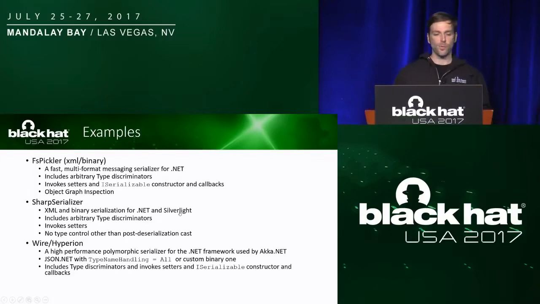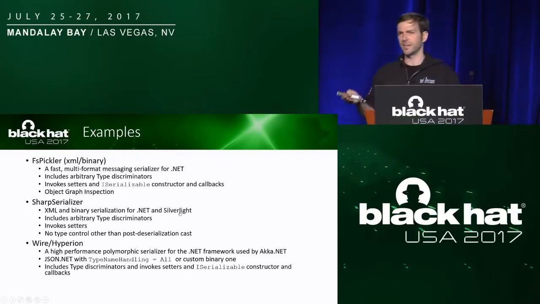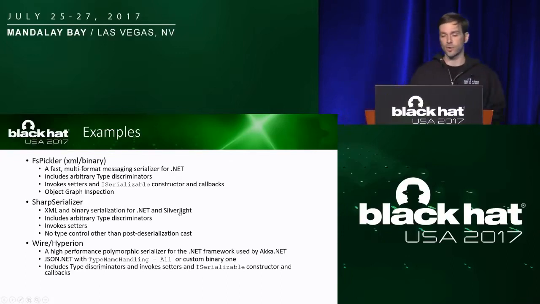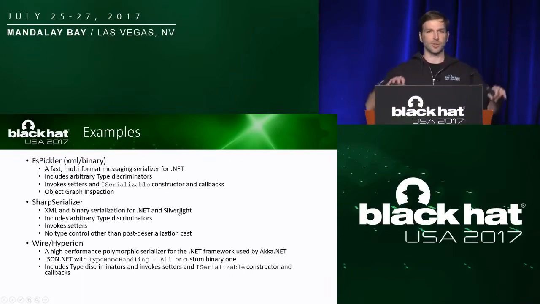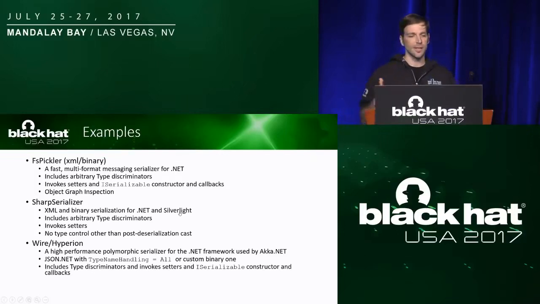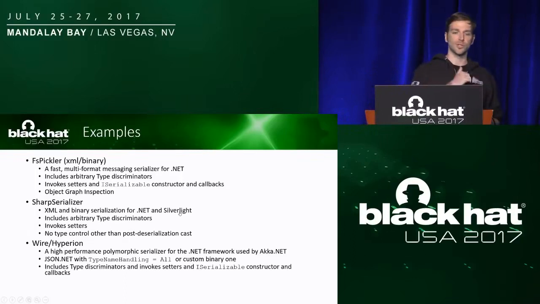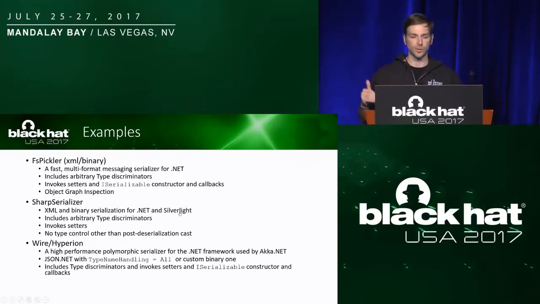Then we have Wire, that is now known as Hyperion, and is the serializer for Akka.NET. Akka.NET is basically the .NET version of the famous Scala and Java framework to deal with concurrency using actor-based models, in which actors communicate by exchanging messages that are serialized with JSON.NET using the insecure configuration that we saw before, TypeNameHandling equals All.